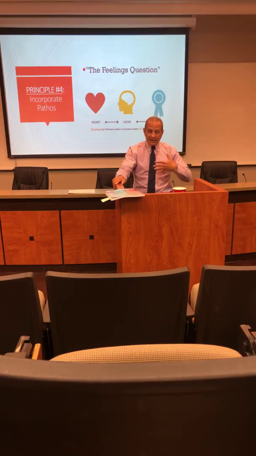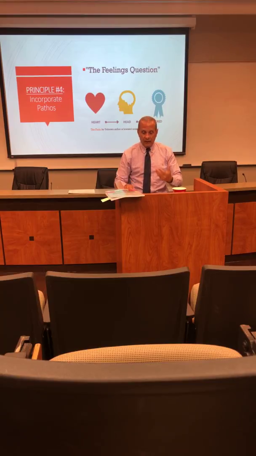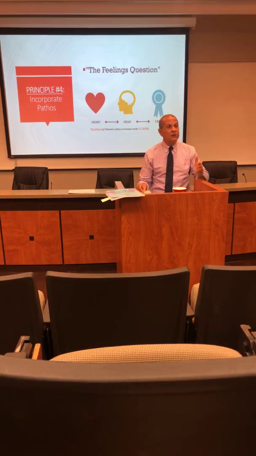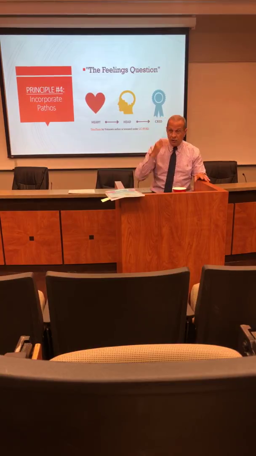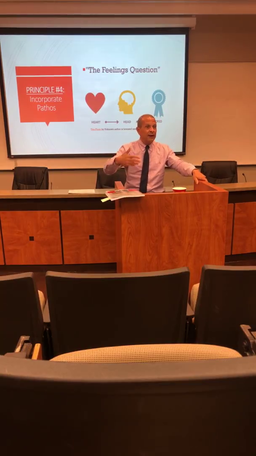Right? That's likely to elicit a very emotional, passionate response that will resonate with the jury, and create the empathy and the requisite pathos that you want so that the jury is ready to rule for your client at the end of the case.